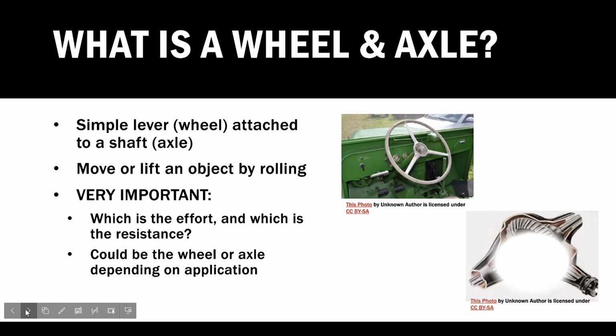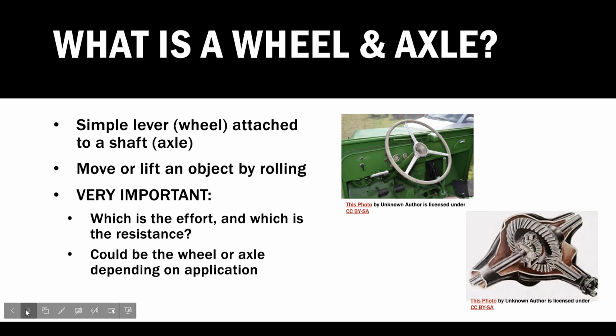But in the case of our car axle with the two tires connected to either side, the torque comes from the engine and it spins in this fun looking gear, and so the axle is turning. That's where we're putting in the effort, and the resistance in this case is the tires on our car.